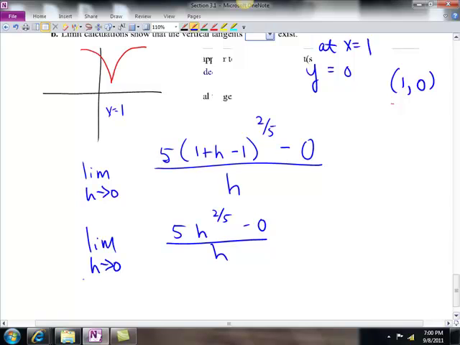I can't do that. What are you going to get as you approach 0? Remember when we had some limits that ended up at infinity?